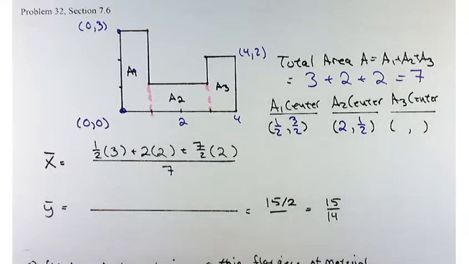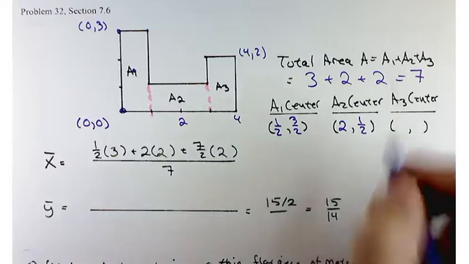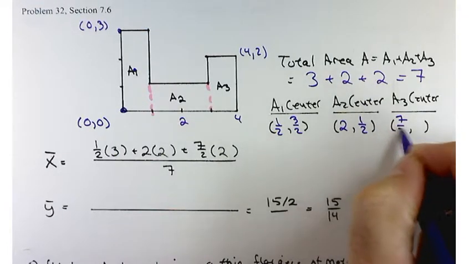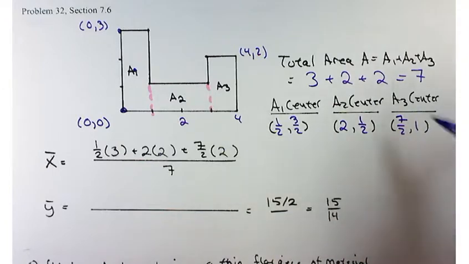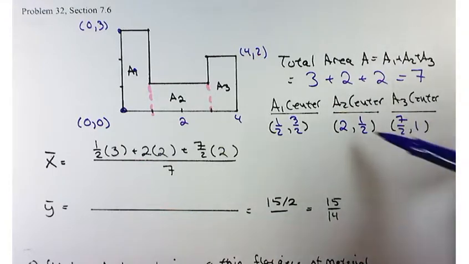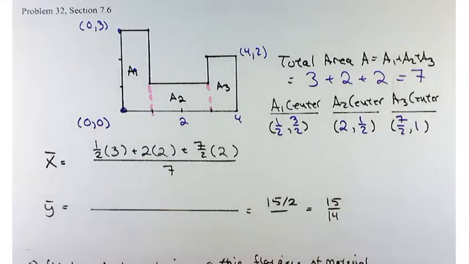And last but not least, the center point for A3. What's that going to be? Thank you, 7/2 and 1. You can use 3.5 or 0.5, that's fine. I just tend to like to use fractions.